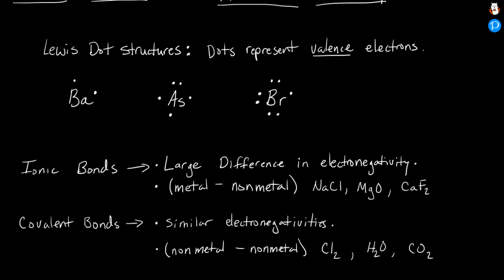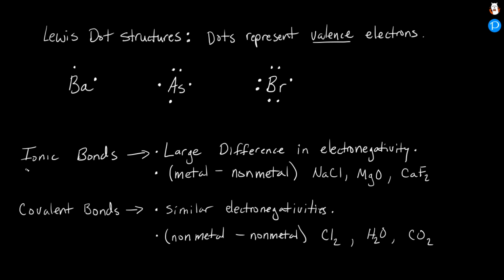Let's also remind ourselves of the differences between an ionic bond and a covalent bond. If we're dealing with ionic bonds, this is where we've got two things that have a really large difference in electronegativity. We just finished up a unit talking about what electronegativity is. Remember, electronegativity is the ability of an atom to attract electrons towards it.